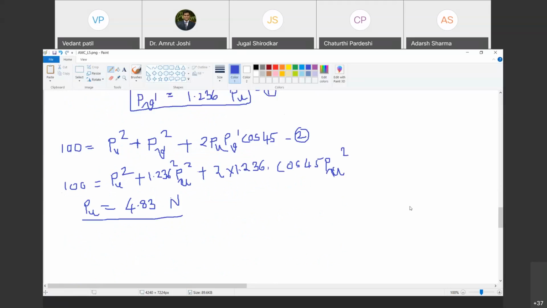Payal, can you unmute? Yes sir. Did you get this answer, PU equal to 4.83? Sir, one second, I'm solving. So 4.72. 4.72 PU. Okay, let me check. 100 divided by 1 plus 1.236 square plus 2 into 1.236 into cos of 45.